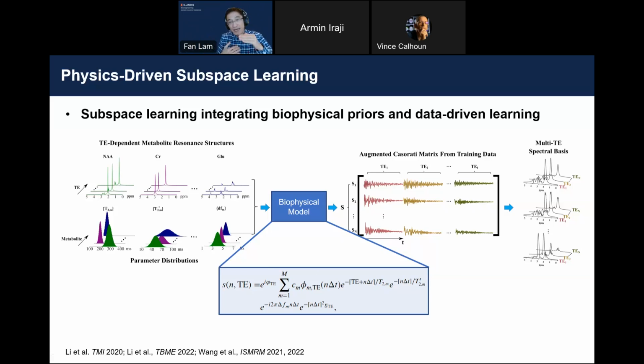And then you can cascade them into a matrix where you can derive the multi-TE, multi-dimensional basis function for different components using matrix factorization analysis.